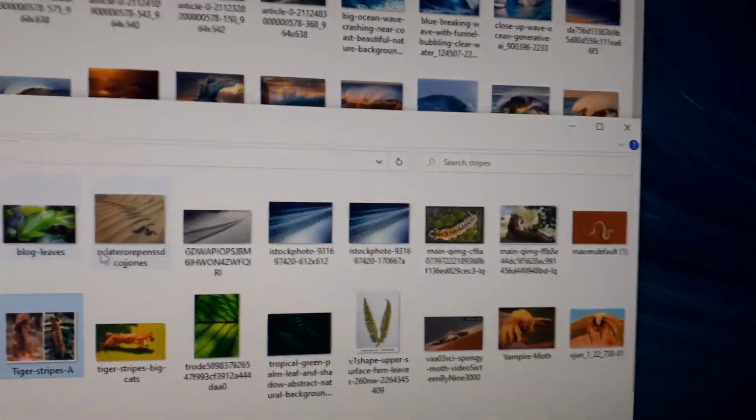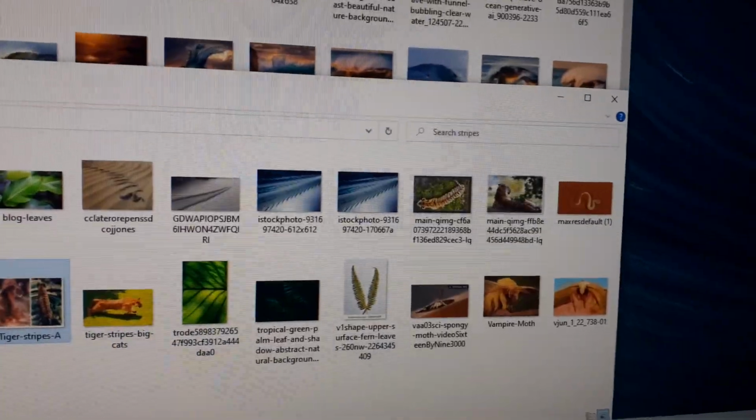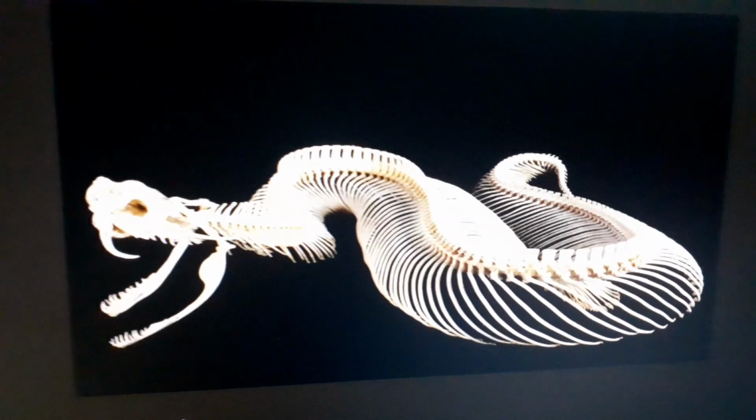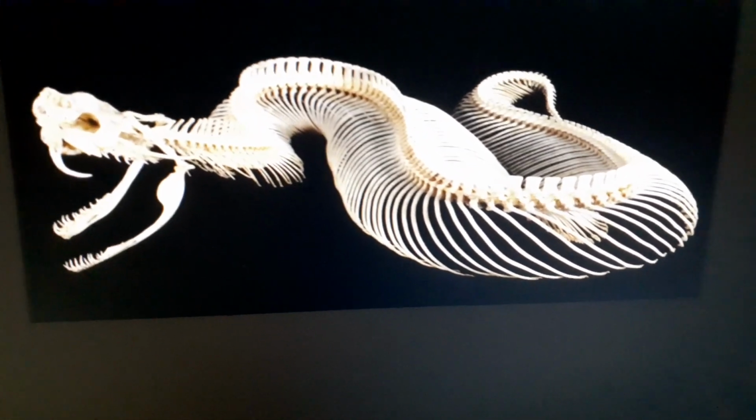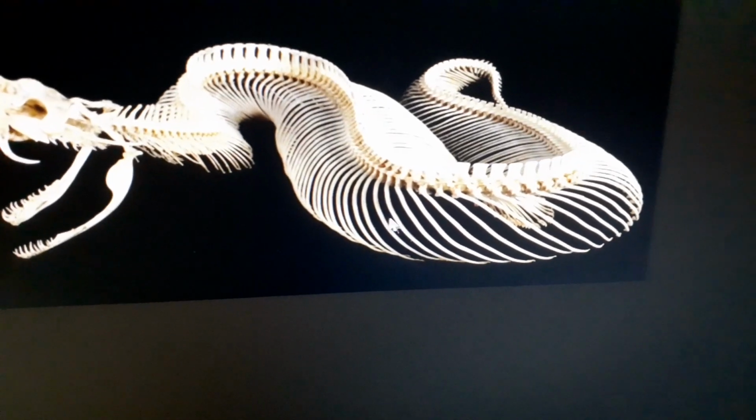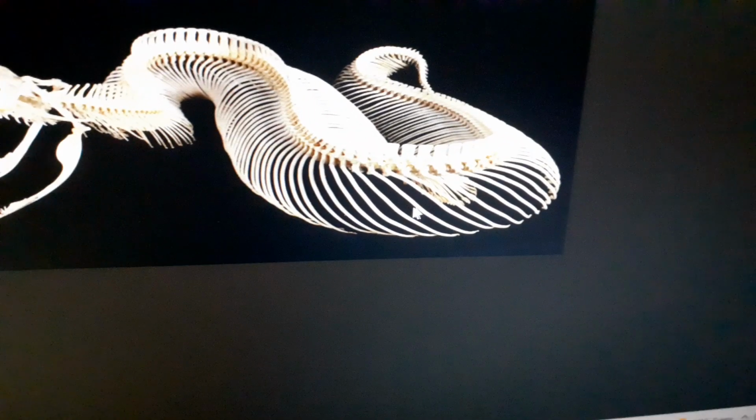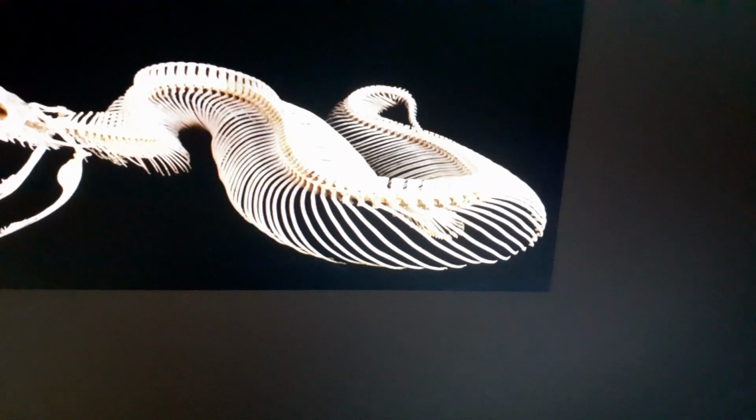So in the same respect, the snake, its backbone is the wave, and these lines which we're pointing out are all part of it, isn't it?